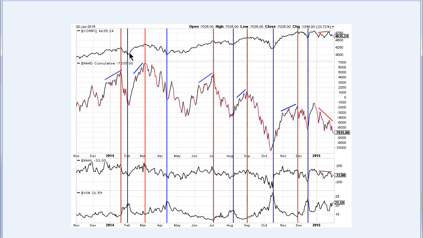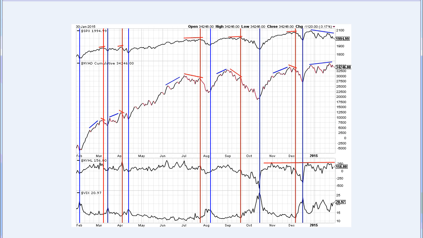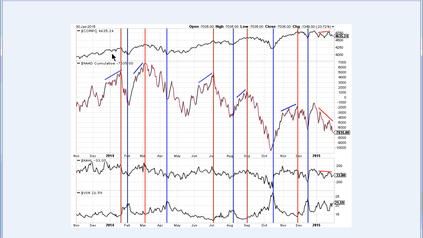But the difference with the Nasdaq here, because I've got the composite, is that we did not get that negative divergence on the advanced decline line as the Nasdaq makes a high, unlike the S&P 500, where you see that divergence. But as the advanced decline makes a higher high, it confirms the higher high on the Nasdaq.